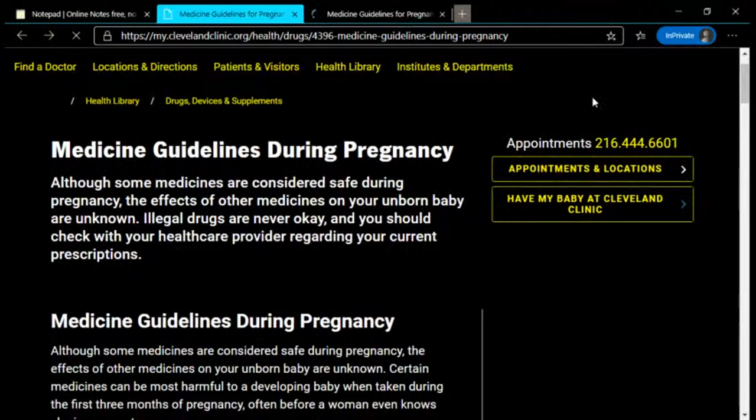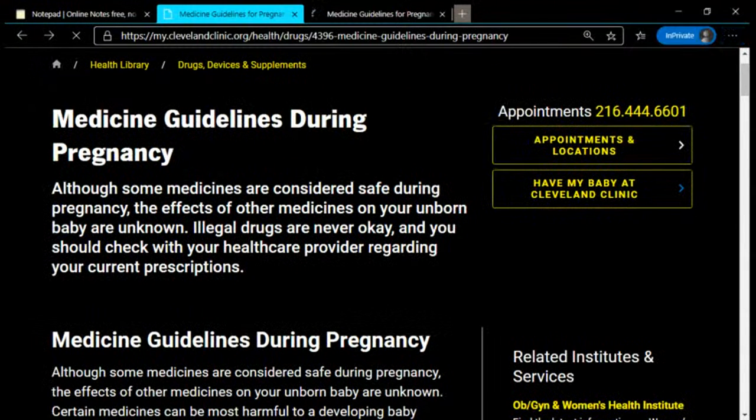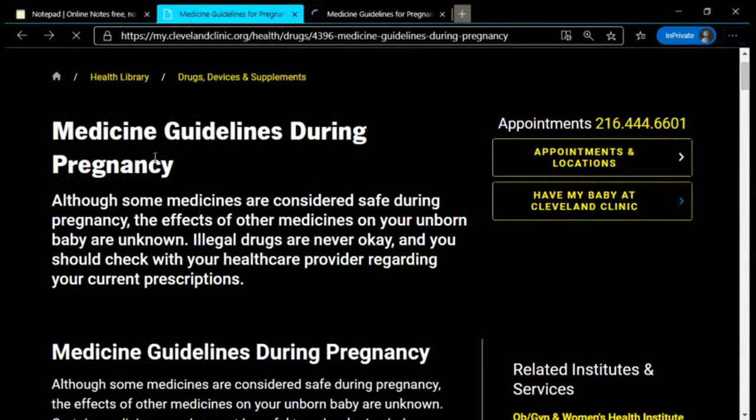And here we have the guidelines, the medication guidelines.